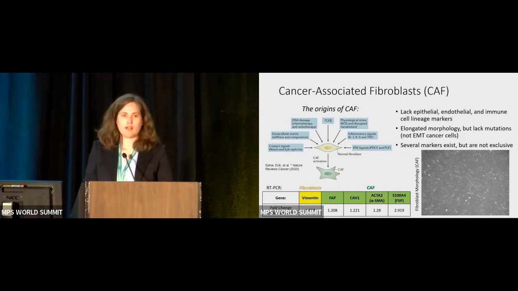But there is upregulation in several CAF markers, including fibroblast activation protein, caveolin-1, alpha smooth muscle actin, and fibroblast specific protein. Here it's worth mentioning that the normal fibroblasts that I'm comparing the CAF to are not from the same patient. We didn't have enough tissue to isolate normal versus CAF from a single patient, but I'm using primary fibroblasts from healthy donors.